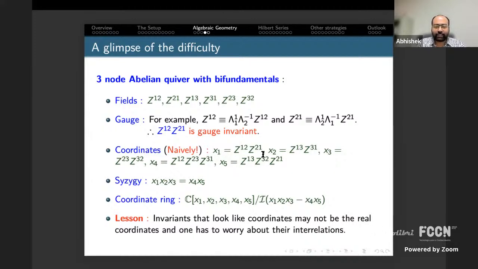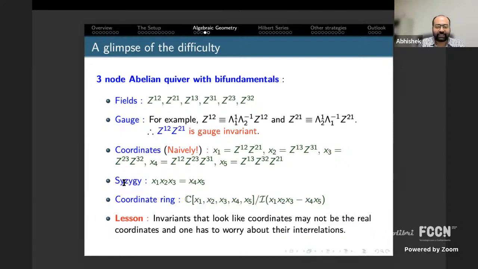But these are not independent of each other. There is a non-linear relation like this, x1 x2 x3 equal to x4 x5. So if you try to eliminate any of the coordinates from here, if you want to write x1, then x1 would be equal to x4 x5 divided by x2 x3, which will be a non-polynomial relation.